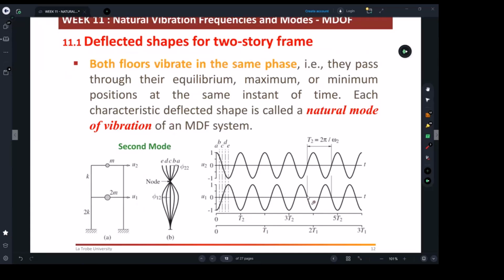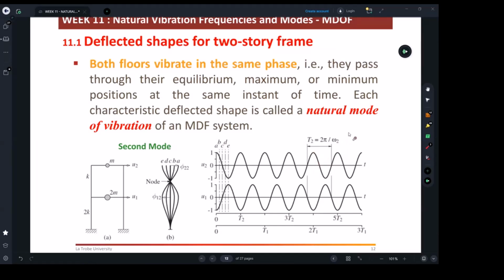Again, you can clearly define a starting point and an ending point for each cycle. Because we have this harmonic motion, the peaks are consistent as you go, so you can define a natural time period, but this time it is for the second mode.